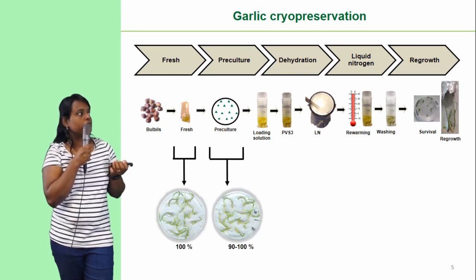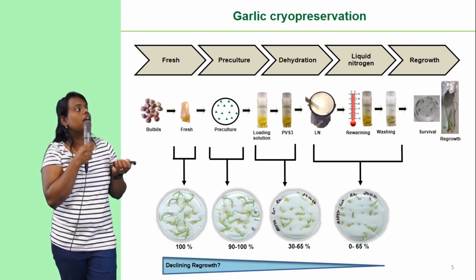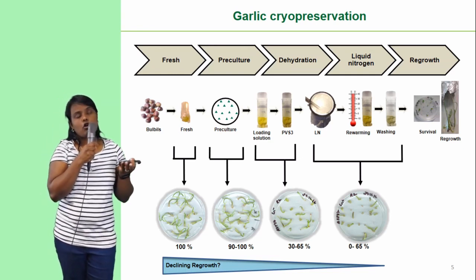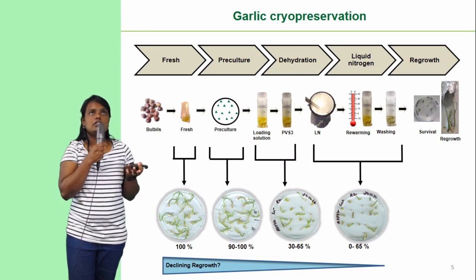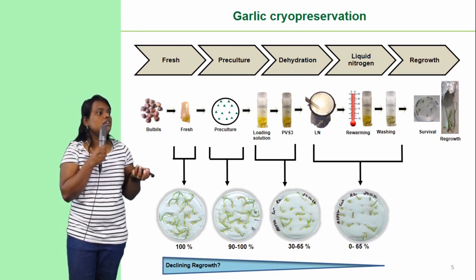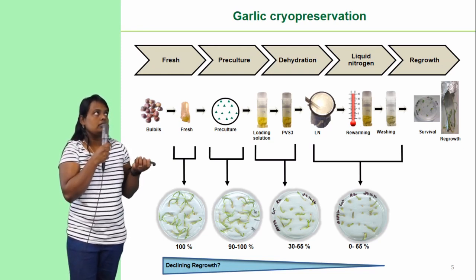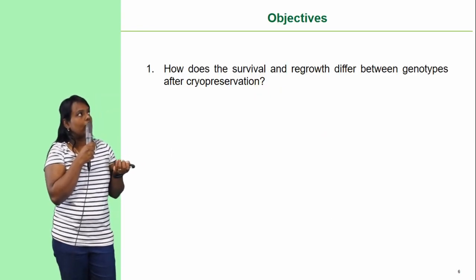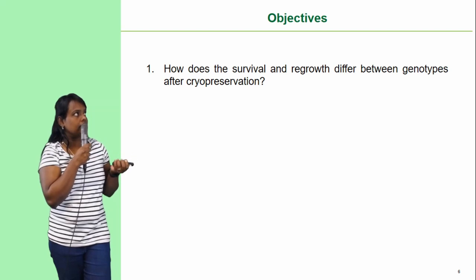During the course of cryopreservation, we see declining regrowth. This can be due to physiological, morphological, biochemical, and molecular factors on encountering the stress. Now with this, I have taken a few objectives for my research.